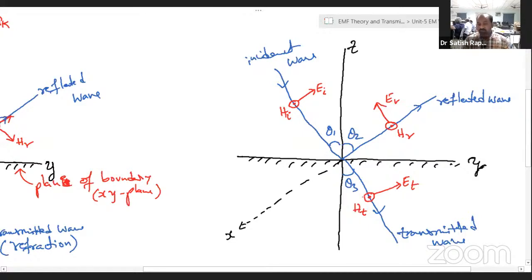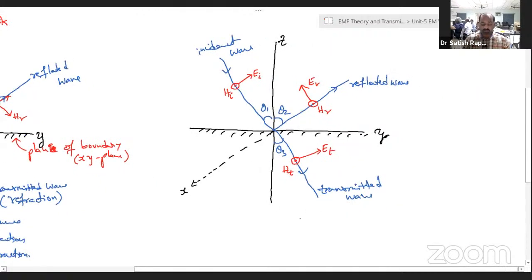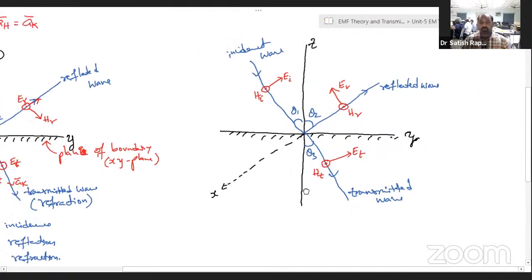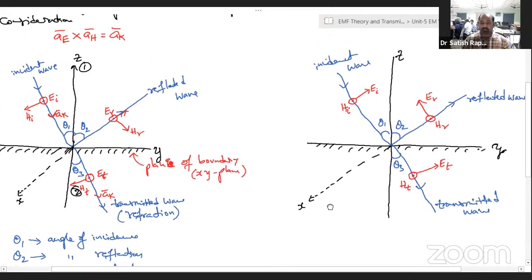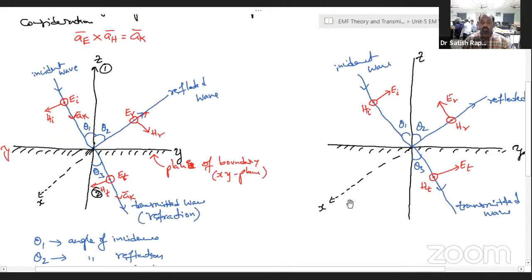So for the previous figure and this figure, there is a difference. You just compare these two figures. Compare the direction of electric field here and the direction of magnetic field here. So in the first case, case one, what is the direction of electric field?